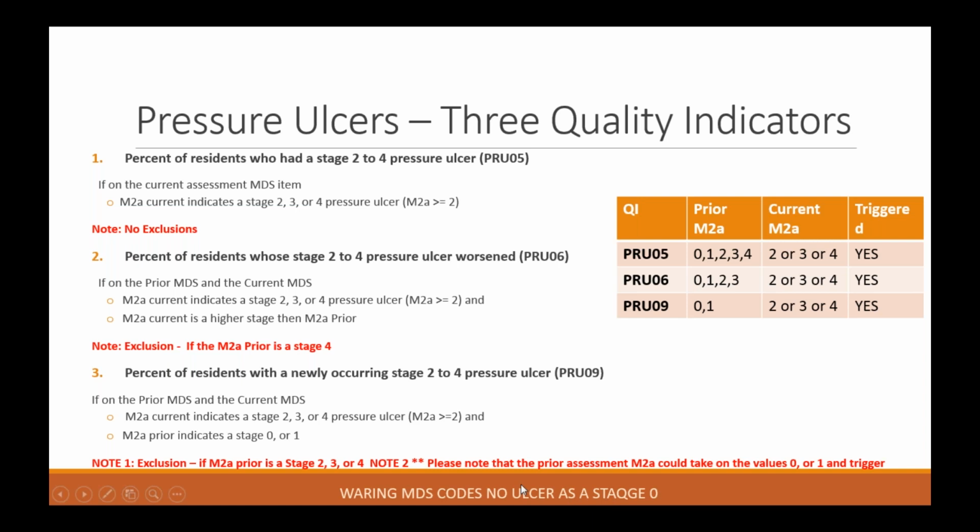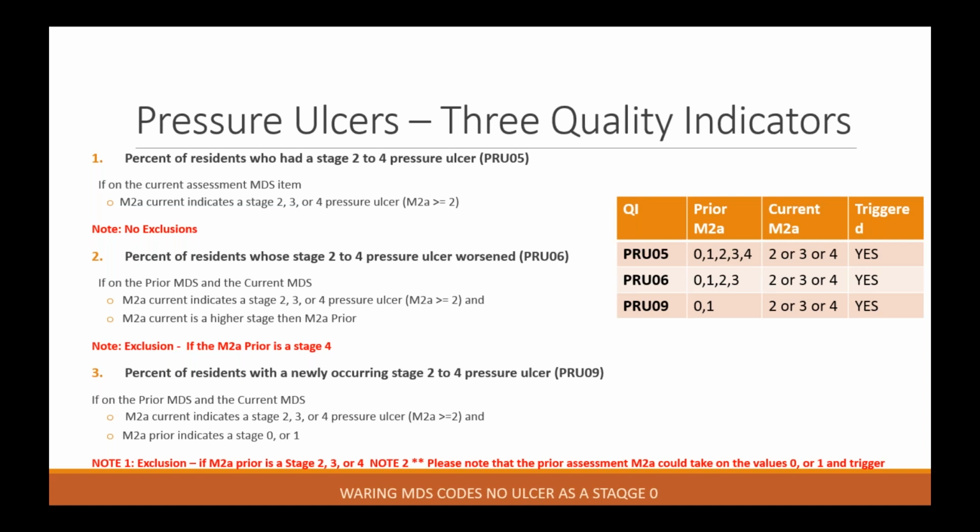Please look at this example that I have here on the side. If your prior assessment showed 0, 1, 2, 3, or 4 on the first prevalence of stage 2 to 4s, and your current is 2, 3, or 4, then you will trigger.